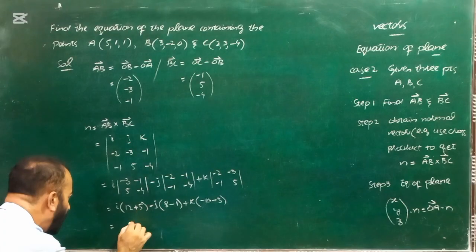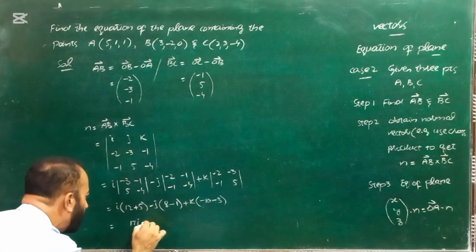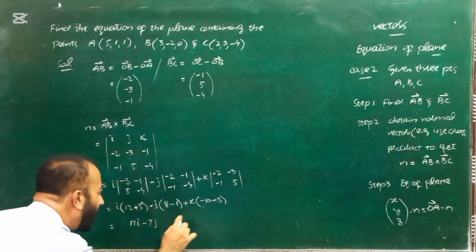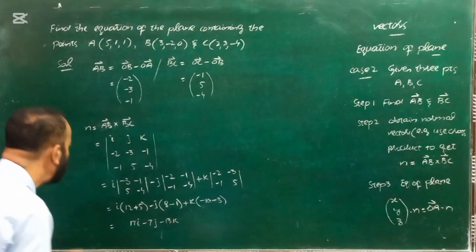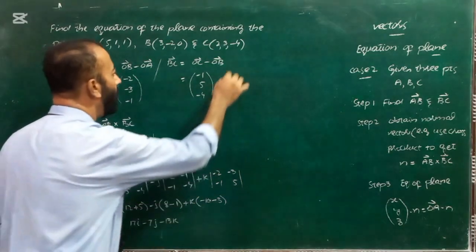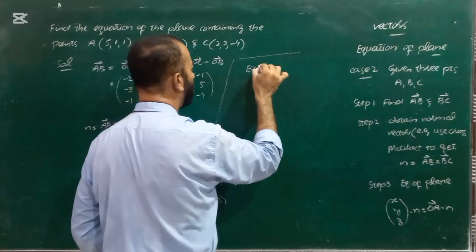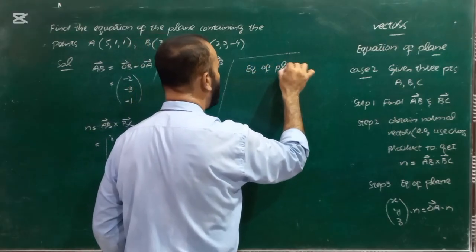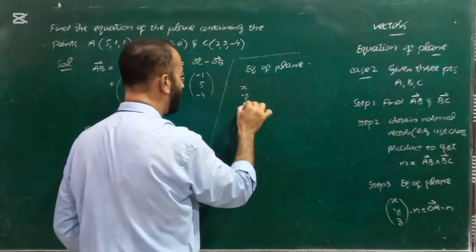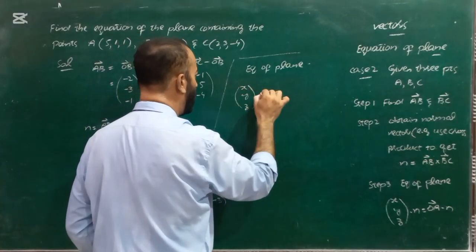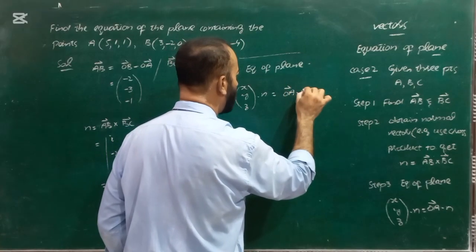Okay, this will be 17I minus 7J and minus 13K. So this is the normal vector. And finally, the equation of the plane will be xyz dot n is equal to OA dot n.